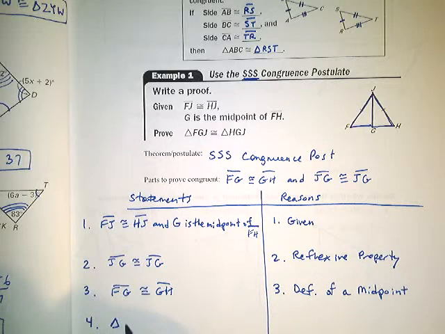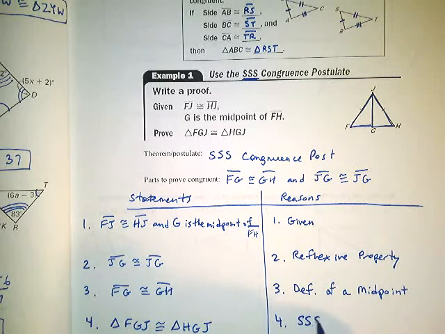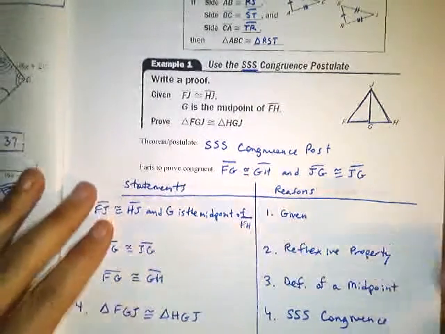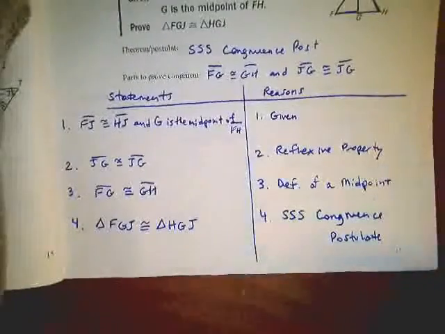So I can now say that triangle FGJ is congruent to triangle HGJ by the side-side-side congruence postulate. Oops, not quite on the screen. There you go.